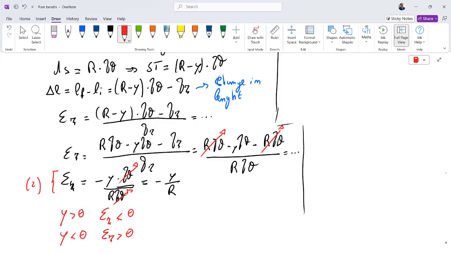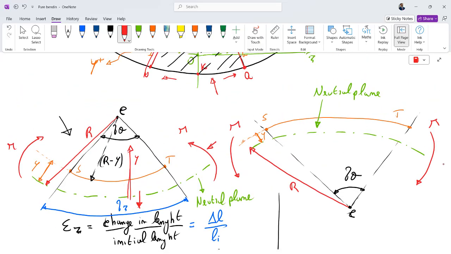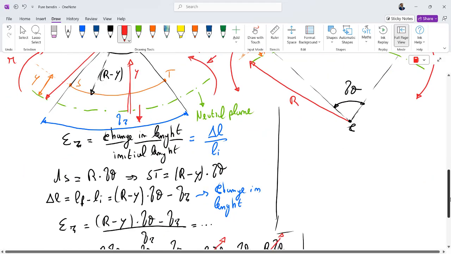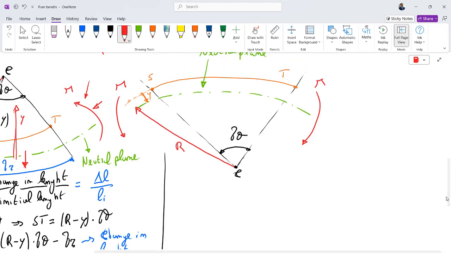So this strain is positive in this case. So delta L is positive: final length minus initial length is greater than 0. This is clearly right because the bottom fibers are in tension due to the bending moment acting like this. In the other case, when the bending moment is clockwise, if seen from this edge, we have a similar consideration to make.